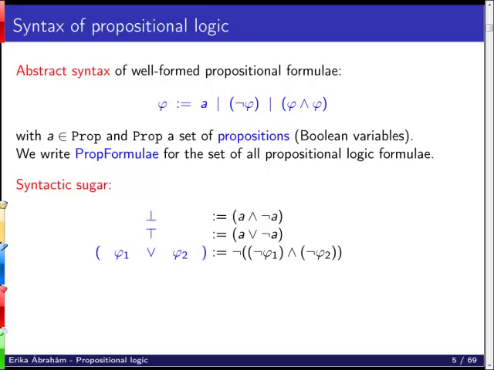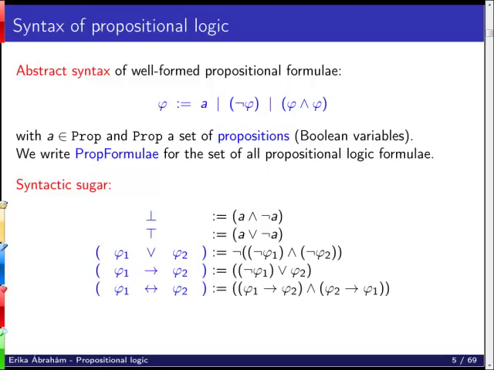What else? Implications? Exactly. Now we have or, so we can say not phi or psi. But what else is used frequently? Equivalent. So phi1 implies phi2 and phi2 implies phi1.